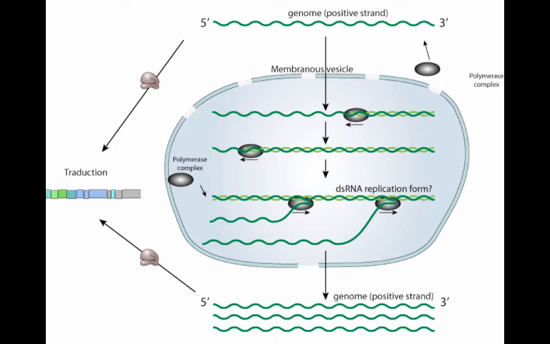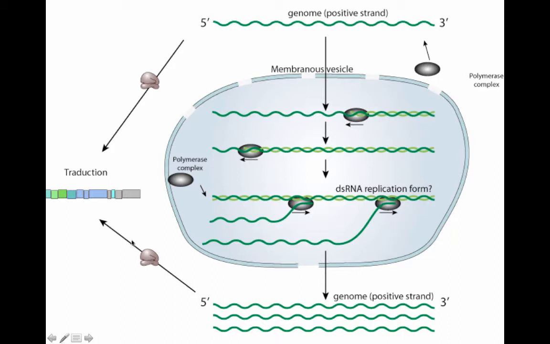Okay, so this is an overview of tobacco mosaic virus's strategy. The genome is positive sense. It gets inside the cell. Once you've made your RNA-dependent RNA polymerase, you can make the minus strand, and then you can make more of the genome sense.